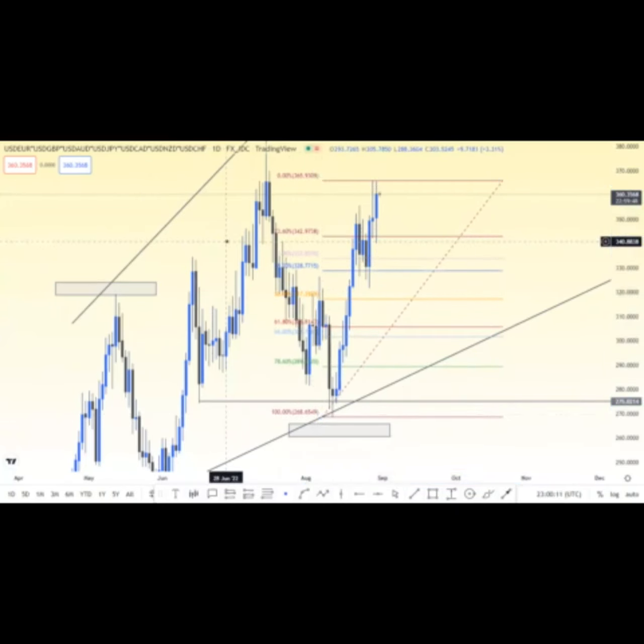Yeah, that's all good. Alright, bid. So you can see it bounced off 38%, literally near the 50. So I don't know what might happen here. We'll see what's going on.